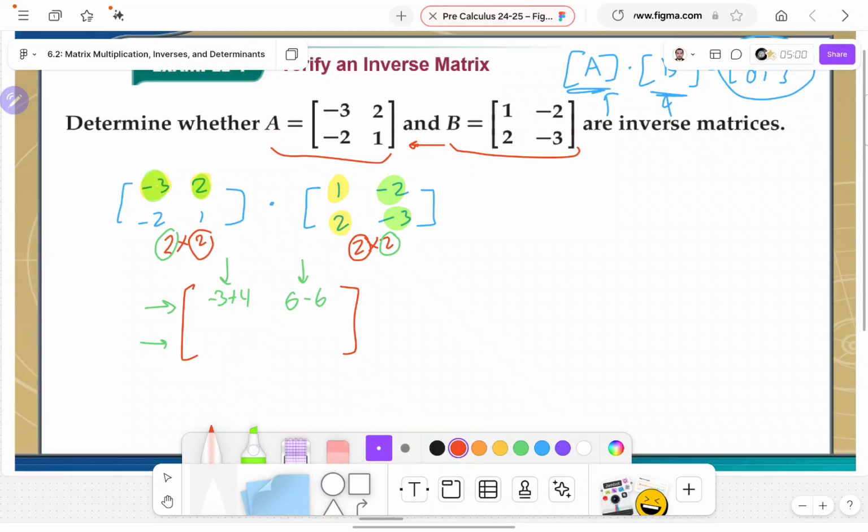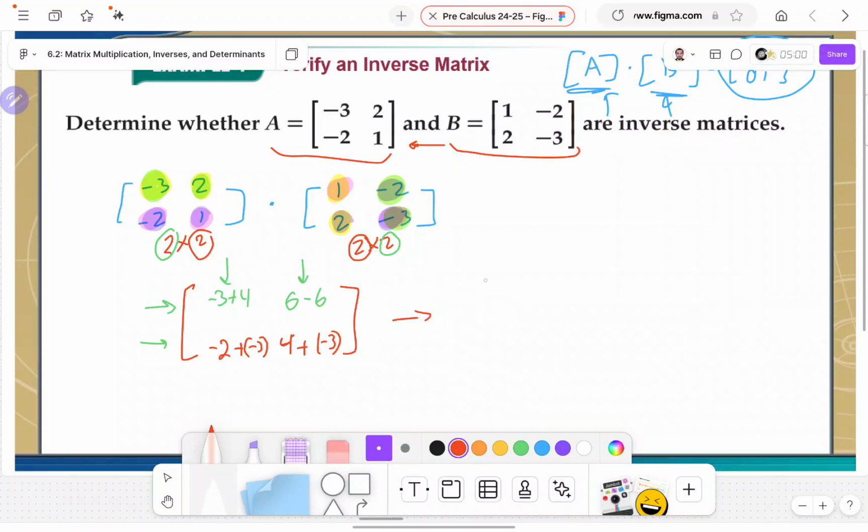After that, let's continue. We have here negative 2 times 1, which is negative 2, plus 1 times negative 3, which is negative 3. Then the last one is negative 2 times negative 2, which is positive 4, plus 1 times negative 3, which is negative 3.